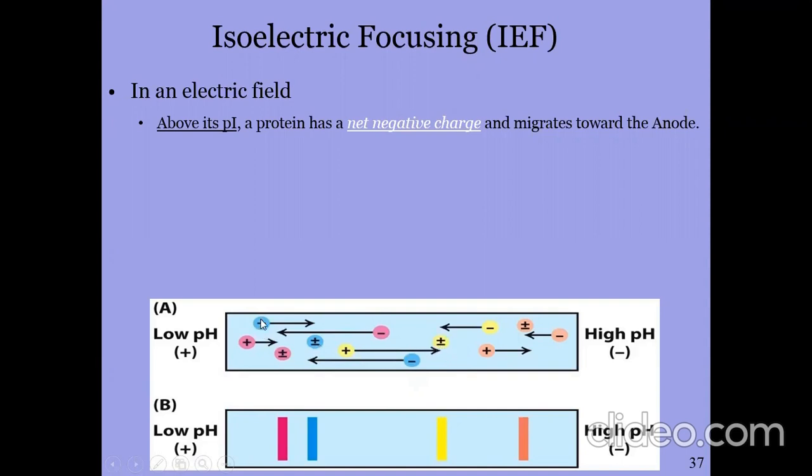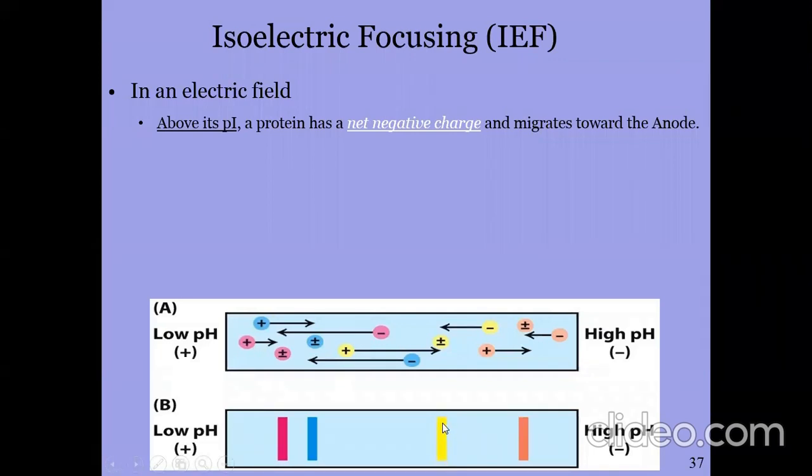So the positive charges will move to this side, to the cathode, and the negative charges will move towards the anode. During the movement, a stage will come where these charges will stop, because the isoelectric point will be reached and they will stop migrating.